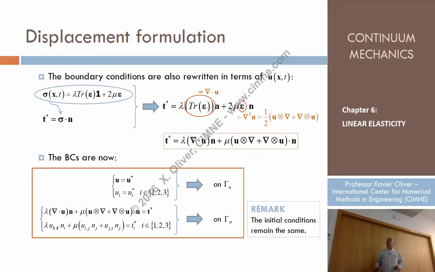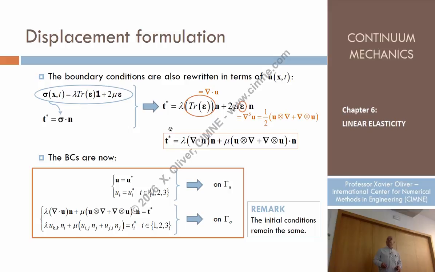So the boundary conditions can be obtained just by replacing the stresses with the constitutive equation into here. We have that, and then we operate a little bit. So finally, we have this boundary condition in terms of the gradients of the displacement. So now we have a very easy task, a complete system.